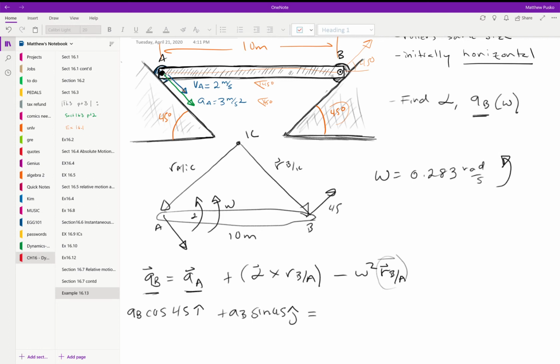Now I'm going to take care of the acceleration at A. Your book is going to tell you that the acceleration of A going down like this, they're going to just assign signs to it. But really, if we think about what angle that is, it is 335 degrees.